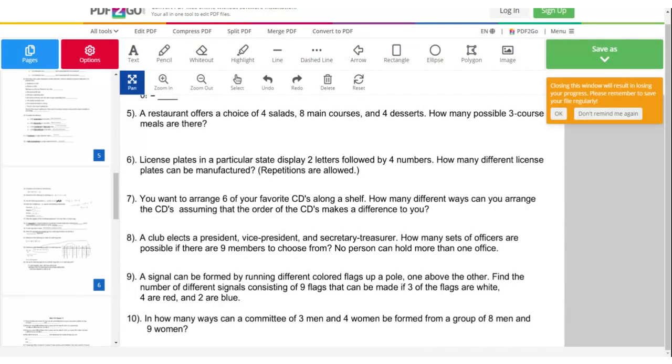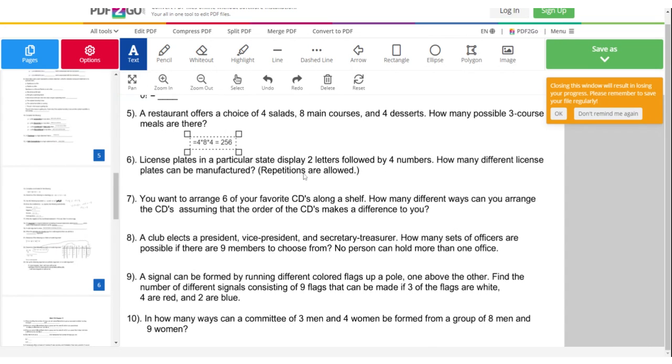You got 4 soups, 8 main courses, and 4 desserts. So how many possible? What is that? So 256 three-course meals.